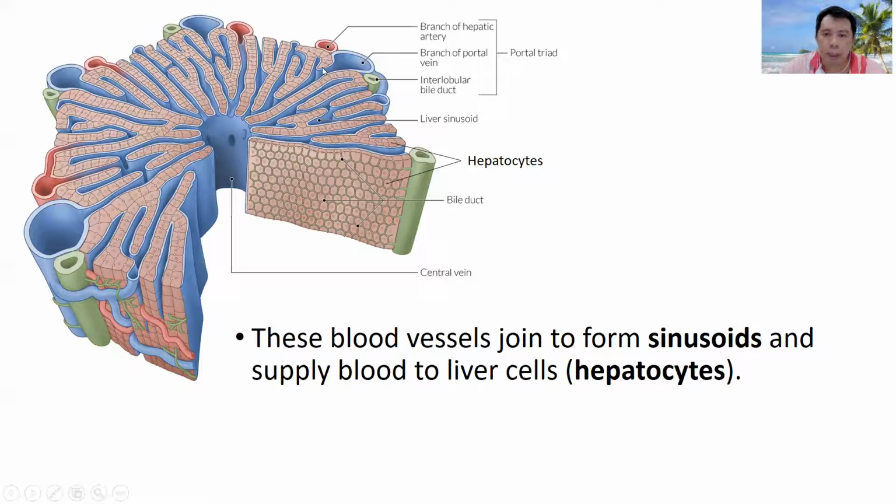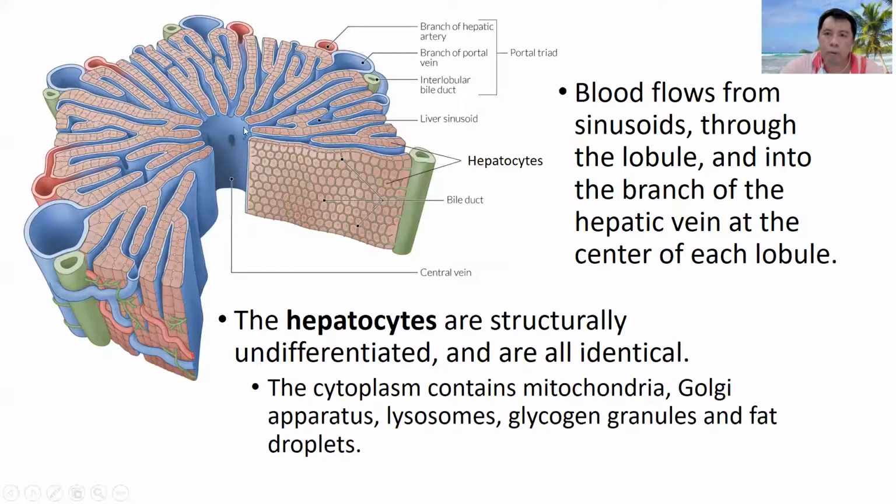They mix in a channel surrounded by hepatocytes. This channel is called a sinusoid. Then the blood flows from the sinusoid through the lobule and into the branch of the hepatic vein at the center of each lobule.